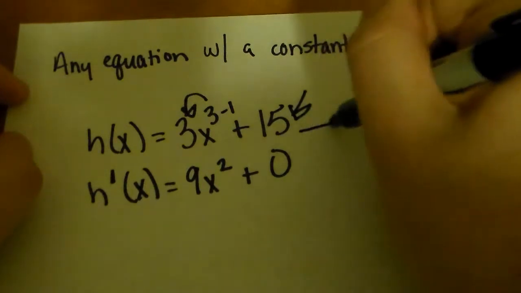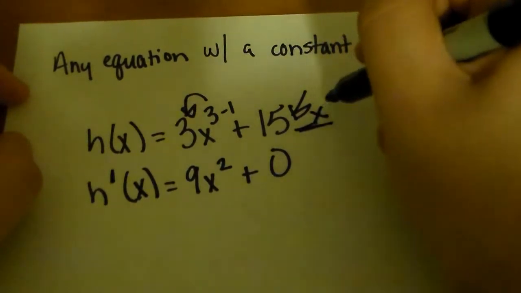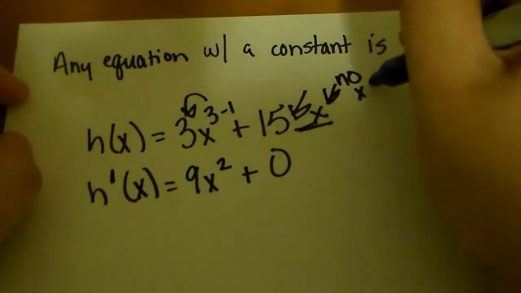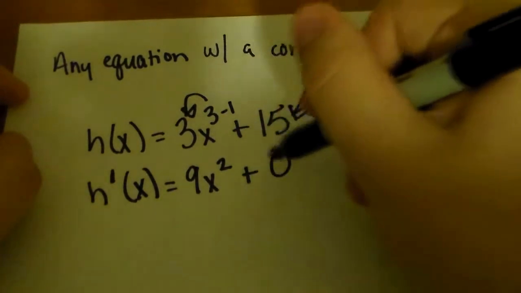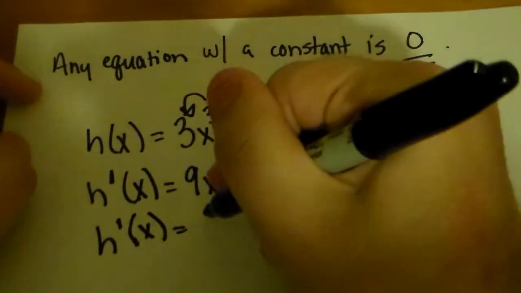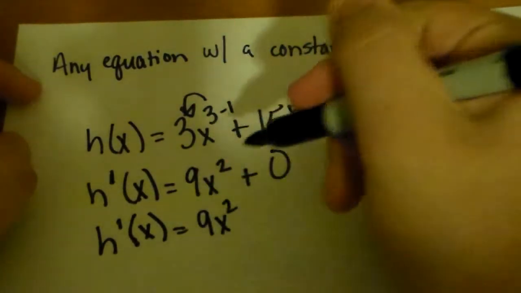If there's no x, it will automatically become 0. So the final answer here is h prime of x equals 9x squared.